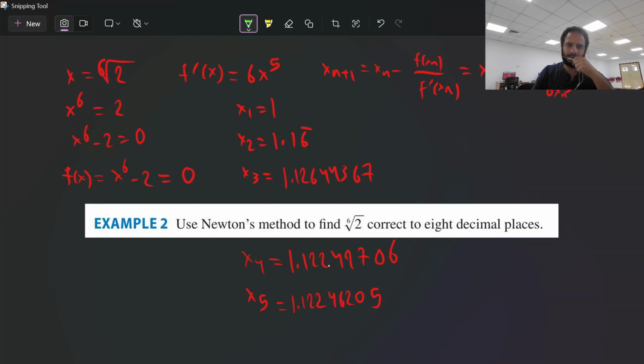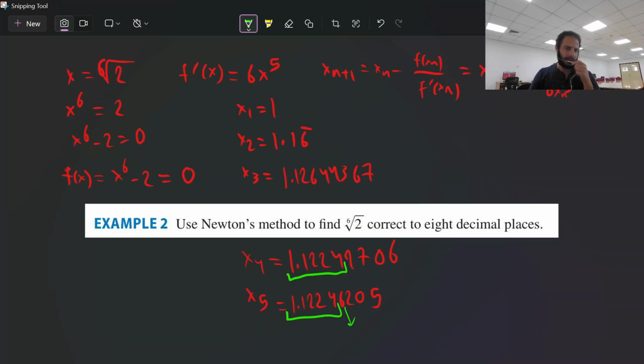1.1 maybe. No, I told you you need to see the last two approximations. What are the common digits? So all these are correct. What about 9? It's not correct because here it's 6. What about 6? We are not sure yet. We need to find x6. In x6, if this 6 stays, then it's correct.